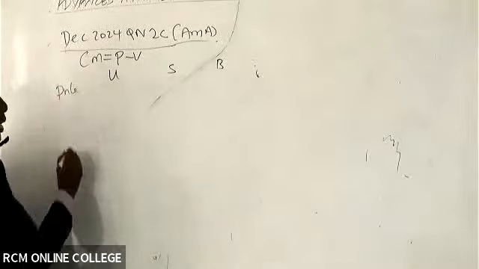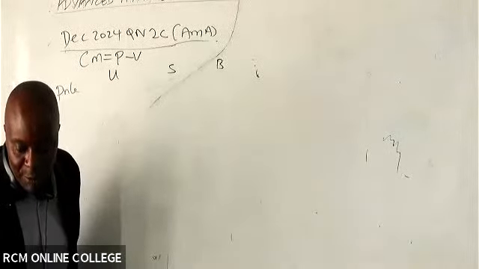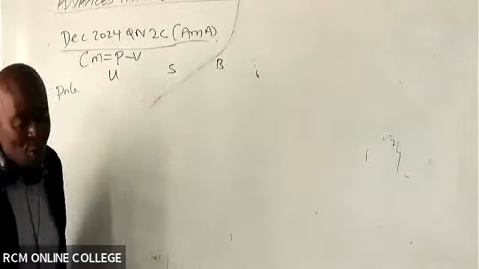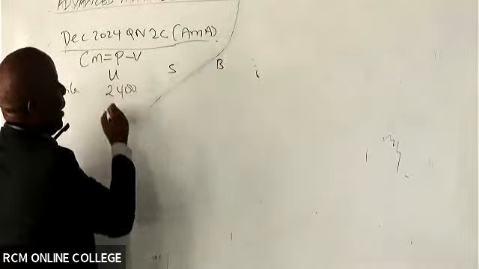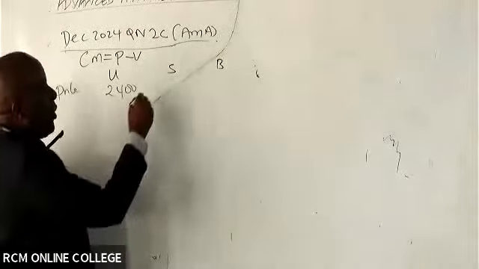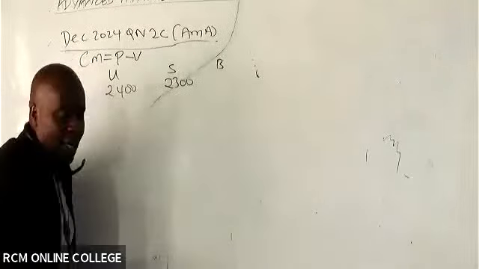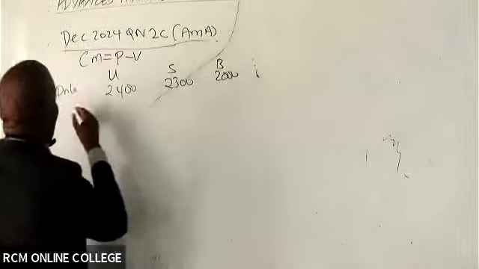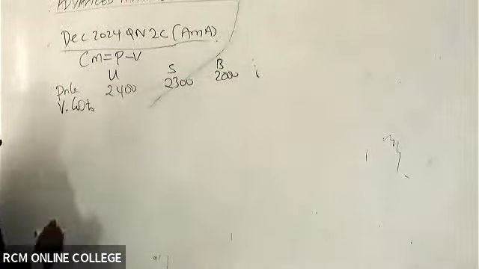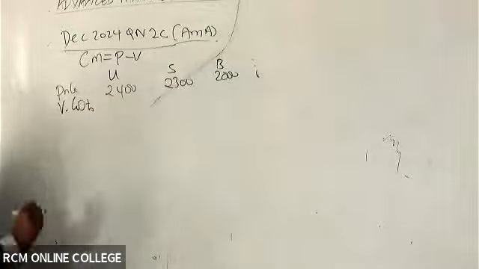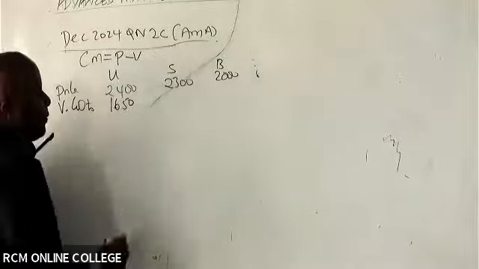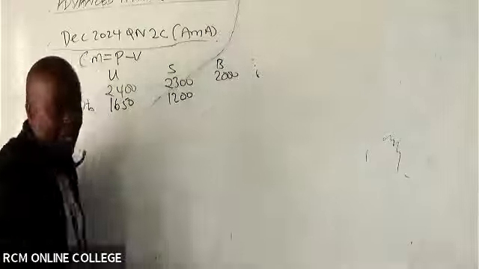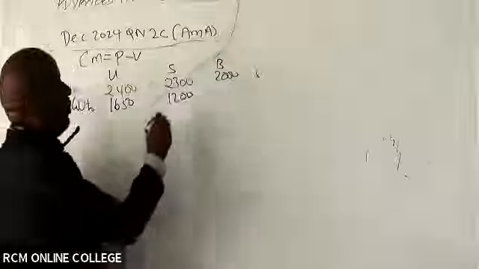The prices from the table are 2,400, 2,300, and 2,000. The variable costs: U is 1,650, S is 1,200, and B is 1,400.